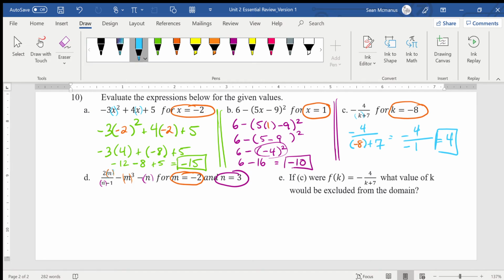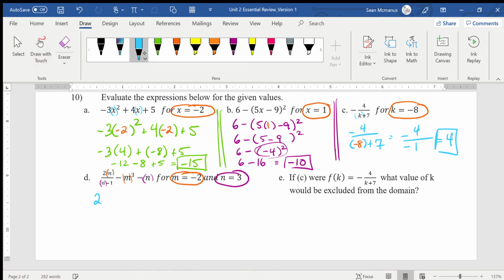So I'm going to go ahead and write this, right? So I have 2n over, m actually, over, you know what, I'm going to do this a little bit different.